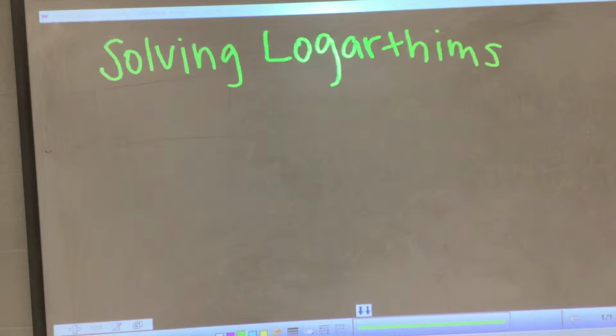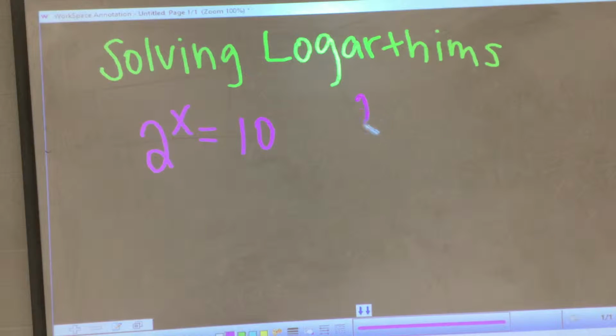Section 4.2 is all about logarithms. And a logarithm is just a fancy way of saying exponent. Okay, so 2 to what exponent gives us 10?